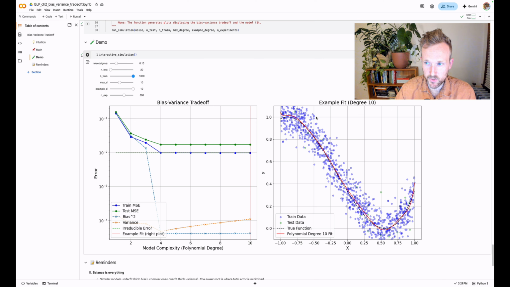And what do we learn here? Let's look at these train MSEs and test MSEs. We see the train MSE just goes down, not to 0, but to the irreducible error. The test MSE flattens. It doesn't start going back up, right? And why is that?